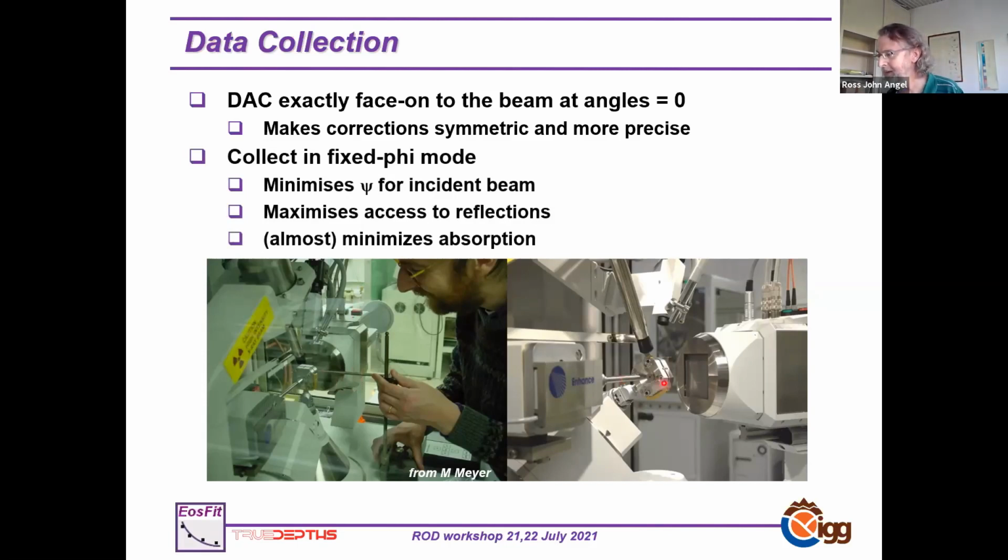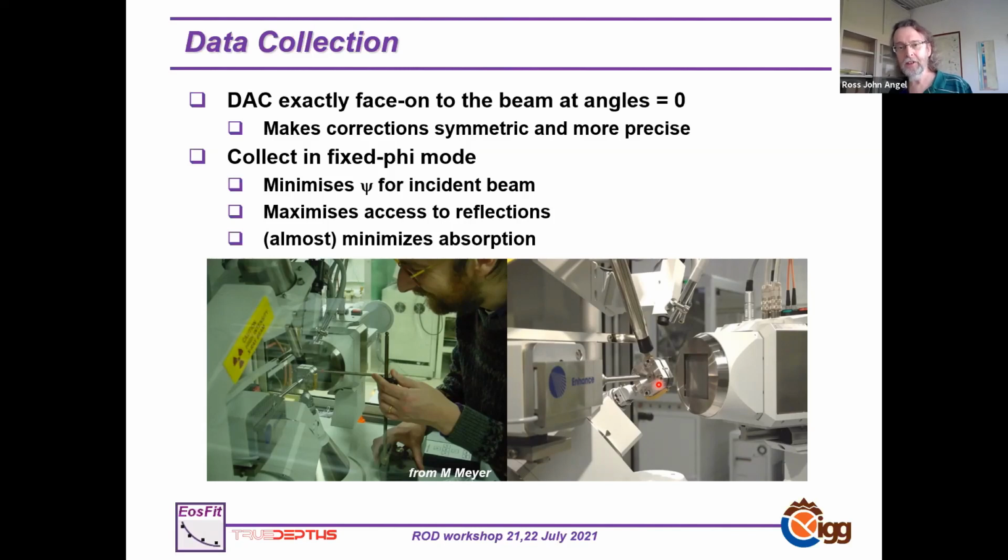This is a cell being collected on a slightly more modern diffractometer, again at Virginia Tech. And you see that the face of this cell, and this is what Chrysalis does for you when you turn on diamond cell mode, is kept vertical. It's much easier to see what this means in Eulerian geometry diffractometers, because the plane of the diamond cell is kept parallel to the plane of the chi-circle, and that means keeping phi fixed. That's where it comes from.